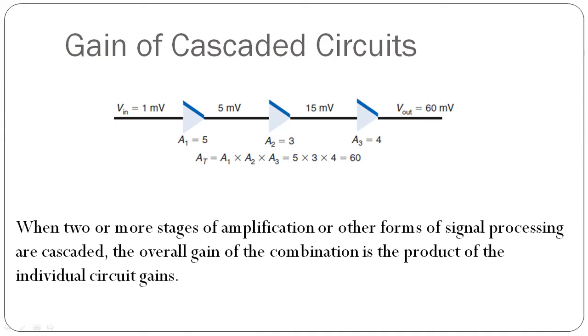Meron siyang gain, yung first stage ng amplifiers, merong gain na 5. Yung second stage is merong gain na 3. And yung third stage is merong gain na 4. So, multiply lang natin lahat yon, and then yun na yung total gain. So, 5 times 3, 15 times 4 is 60. So, 60 yung total gain nung buong cascaded circuits. Okay?